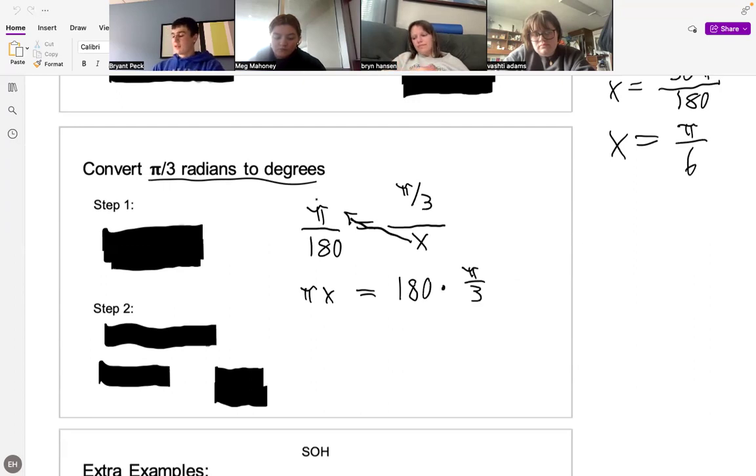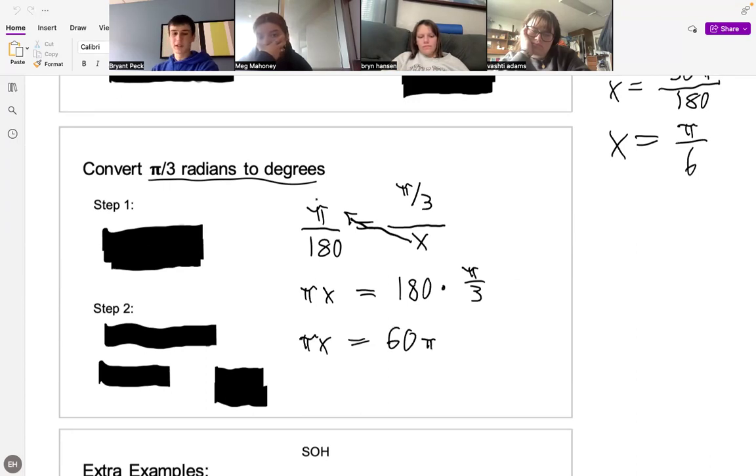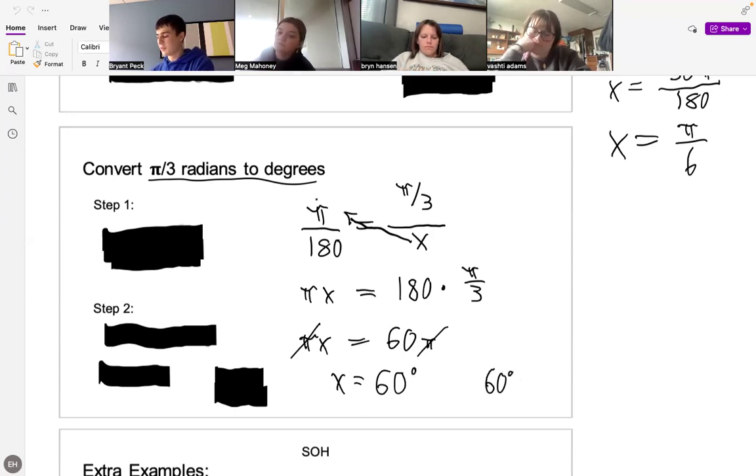And since we have multiplication and division here, we can just take 180 divided by 3. And that's going to give us 60 pi. And these pi's are going to cancel out again, right? Then we have x equals 60, and that's in degrees. So what we're saying is 60 degrees is equal to pi over 3.